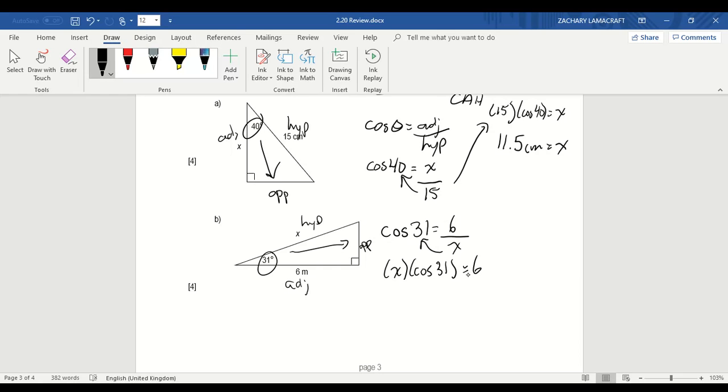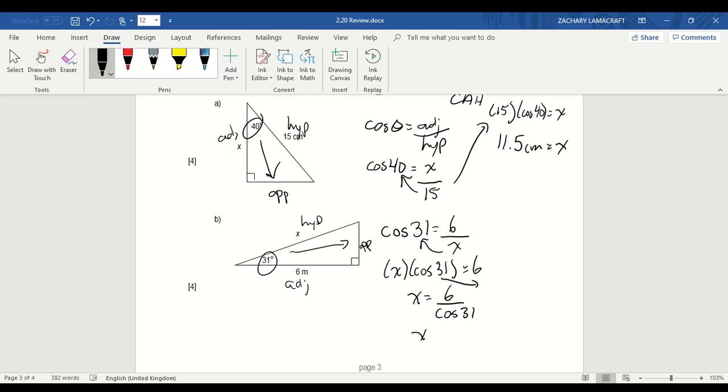When we're in this position here, since we're multiplying x by cos 31, if it's multiplication on this side of the equal sign, we need to bring it over to the other side, and it becomes division, or the opposite operation. So then we would be left with x equals 6 divided by cos 31. Now, cos 31, if you were to put it on your calculator, once again, you need to figure out the way that works properly for your calculator, whether it's 31 cos or cos 31.